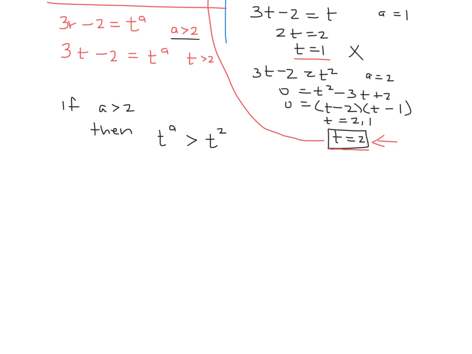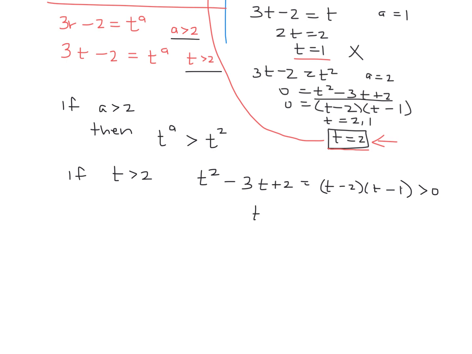And if t is greater than 2, then that means that this equation that we got over here, t squared minus 3t plus 2, which factors to t minus 2 and t minus 1, if t is greater than 2, would be greater than 0. So that means that t squared minus 3t plus 2 would be greater than 0. So t squared would be greater than 3t minus 2.